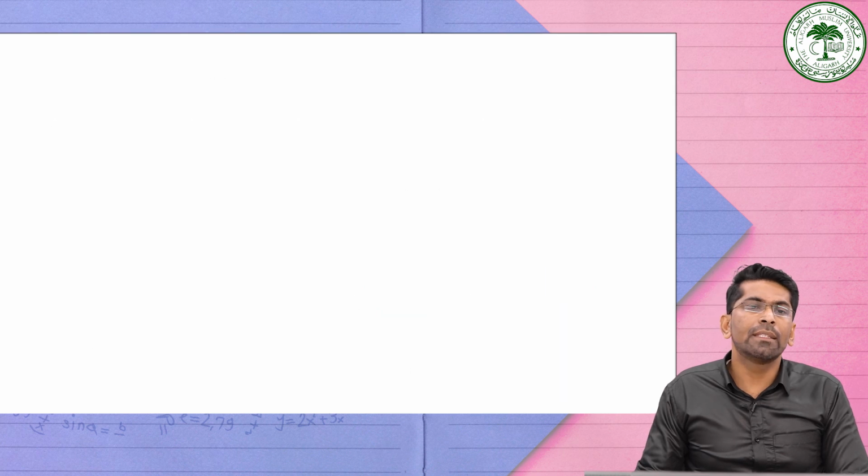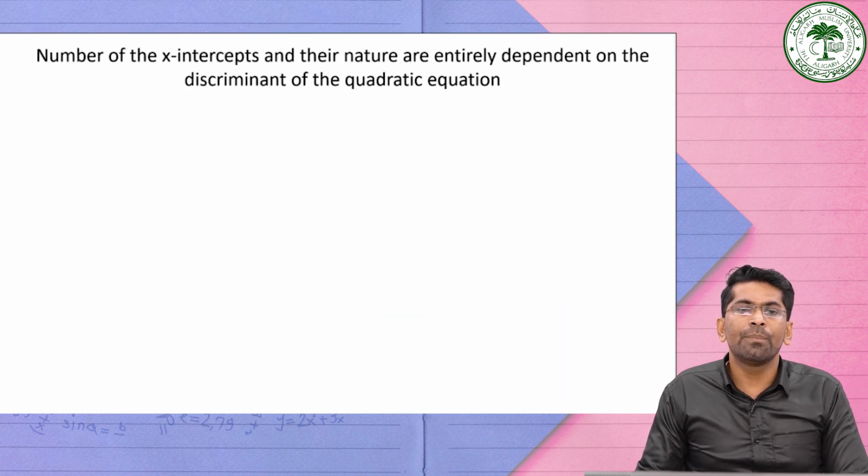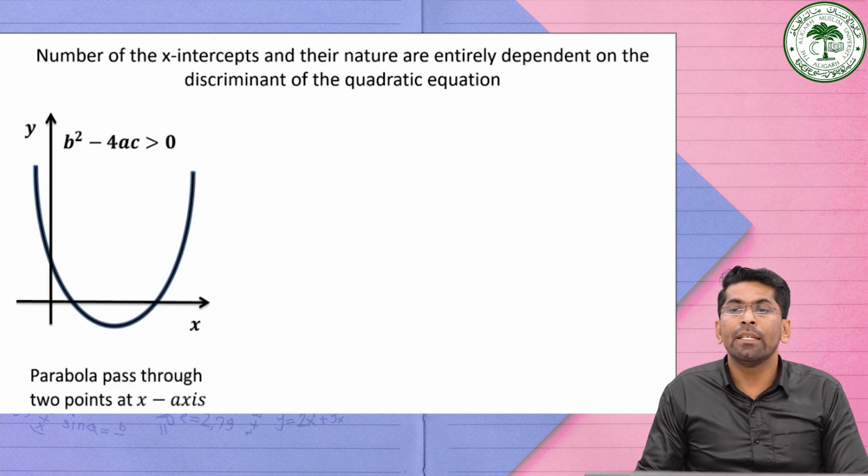After finding the intercept terms, the next step: the number of x-intercepts and their nature depend entirely upon the discriminant of the quadratic equation. And we know that the discriminant is given by b square minus 4ac, where a, b, c are the coefficients of the quadratic equation.